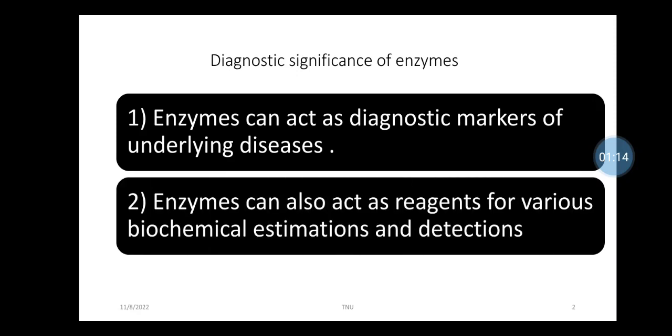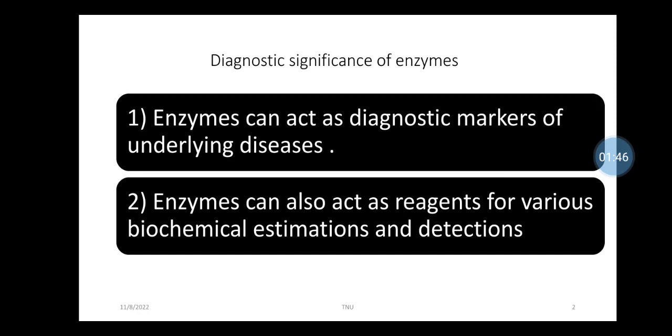Second one is the enzymes can also act as reagents for various biochemical estimation and detections. So while doing some experiment, while performing some test, we can use enzyme as a reagent, and this will help in the estimation of some biomolecules in the given sample, and we can determine its level in the given sample.